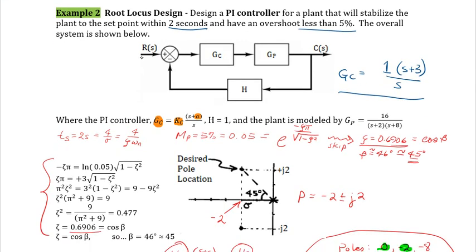Again, we used the 2 seconds and the overshoot to help us determine the location of the desired pole, the value that we called P. Once we do that, we use the angle condition and the distance formula to find the values for K sub C and A, and we are able to solve the problem. In other words, design the controller.